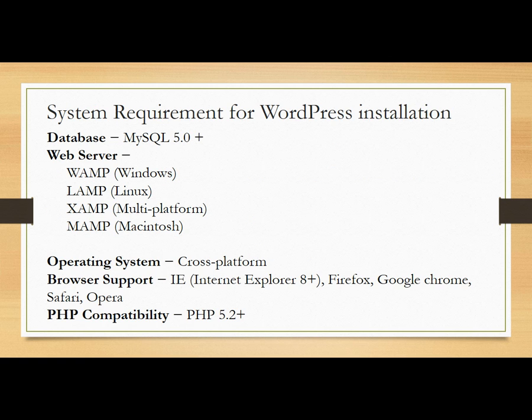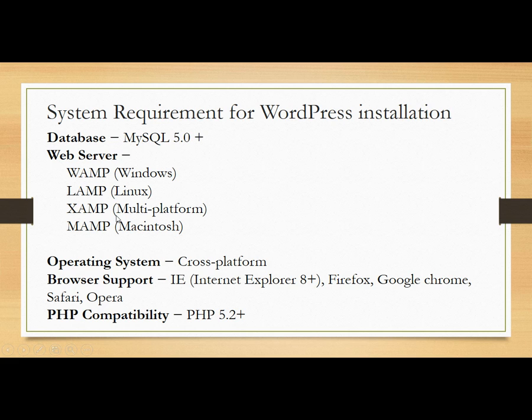Now students, to install WordPress on your system, the minimum system requirements are prescribed over here. First, we require XAMPP if you are using a Windows platform with a Linux platform. If you have a dual operating system, then you can go for XAMPP.